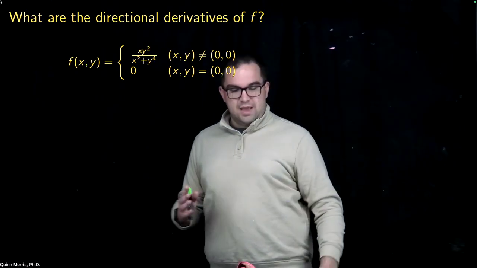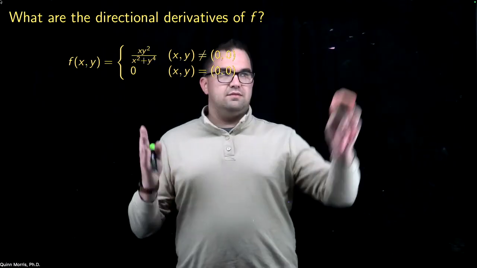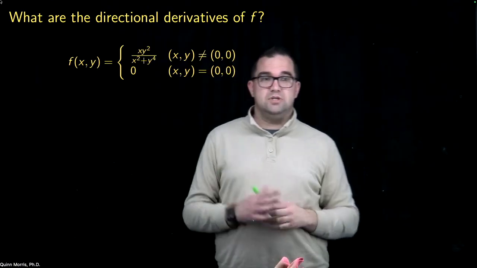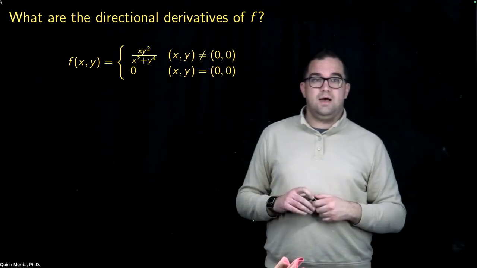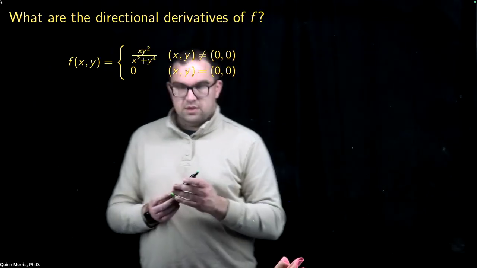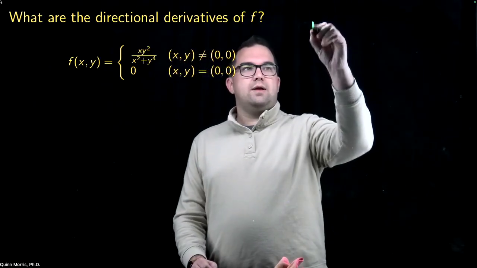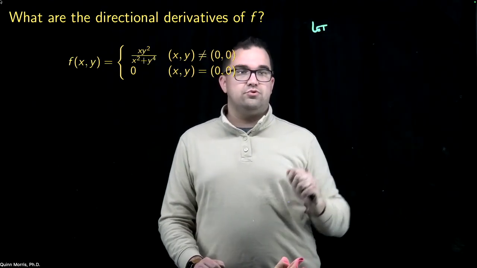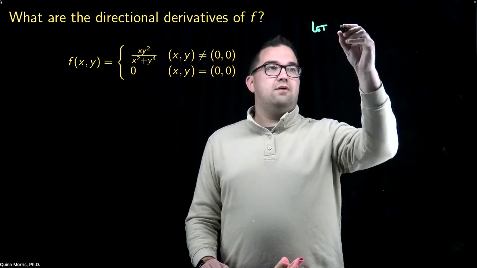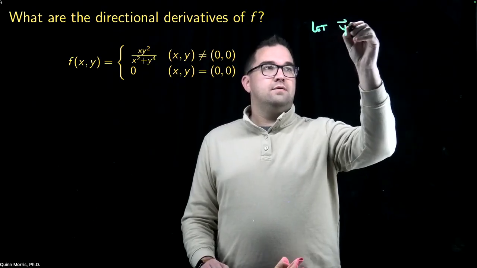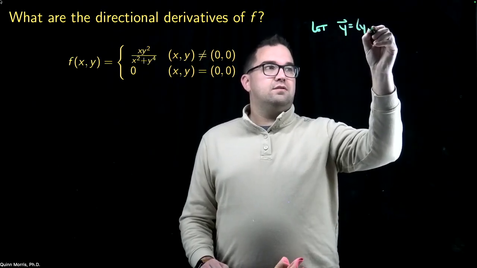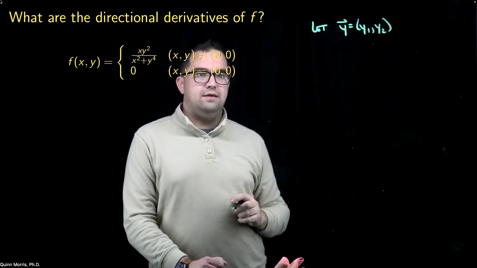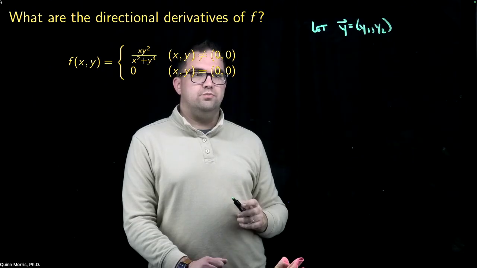So let's imagine now, I don't want to take just a partial derivative with respect to x, like last time. Let's say this time I want to take a generic directional derivative, in the direction of a vector y with coordinates y1, y2.